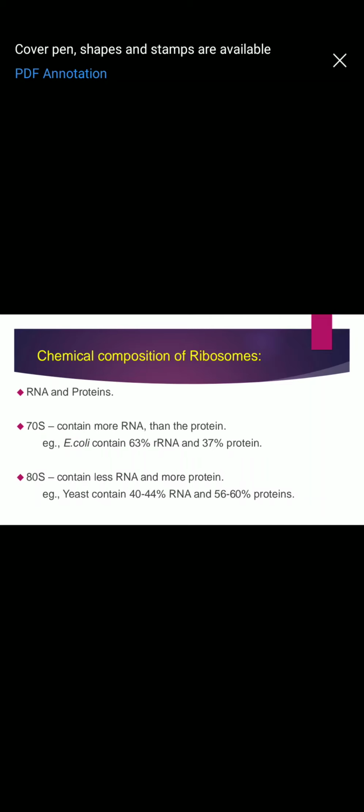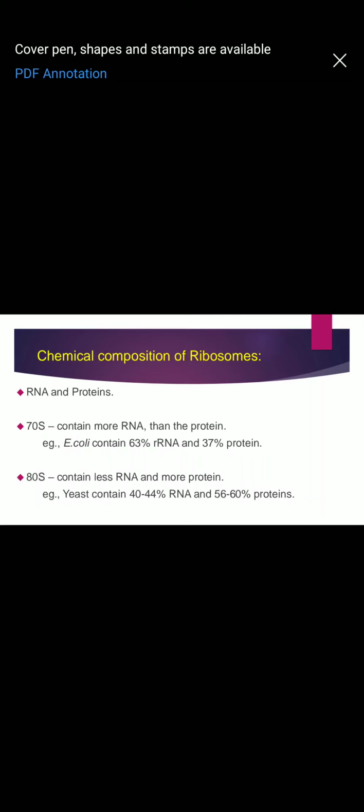If we take a eukaryotic example, the yeast ribosome has 40 to 44% RNA and 56 to 60% protein. Another example of a eukaryotic ribosome is the pea seedling, which contains 40% RNA and 60% protein.